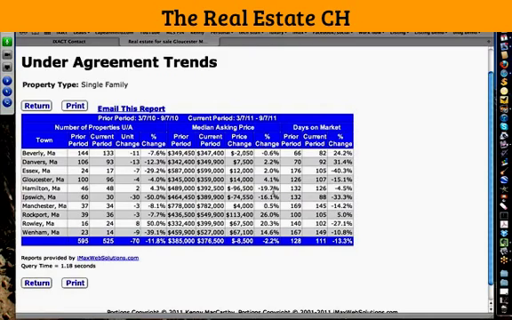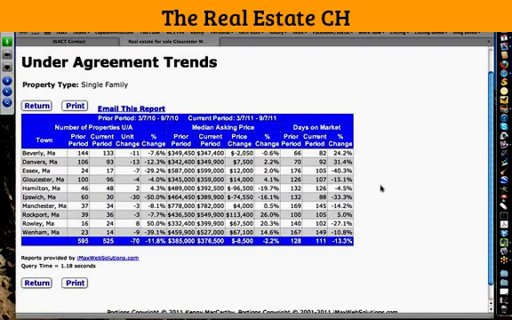Hamilton's crashing, and if you're from this neck of the woods, Hamilton's finally getting their due, kind of. Nobody wants to live in Hamilton. All the housing stock is older, and a lot of the buyers out there right now don't have kids. They don't care about the school system, so Hamilton is getting hammered. Ipswich is getting hammered too, individually. 16% is down off the ask. That means that the ask price for the under agreements is down by 16%.